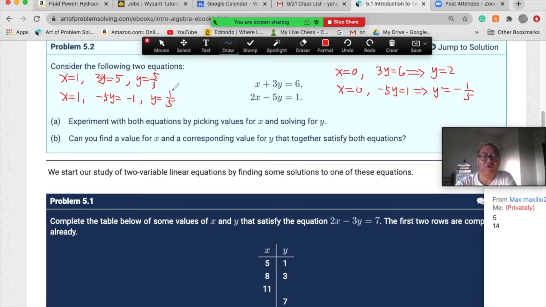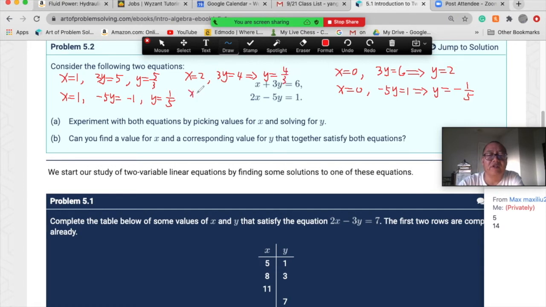Now let's try one more time. This time, let's suppose x equals 2. If x equals 2, then from the first equation, we get 3y equals 4, right? So then we can solve y. We get 4/3.